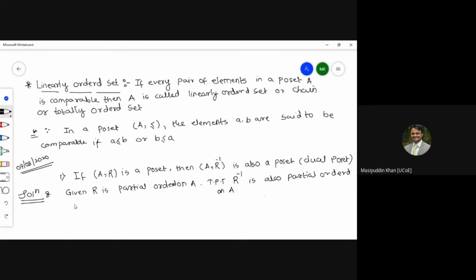First, a related to a, for all a belonging to capital A. Therefore we can say that R is reflexive.